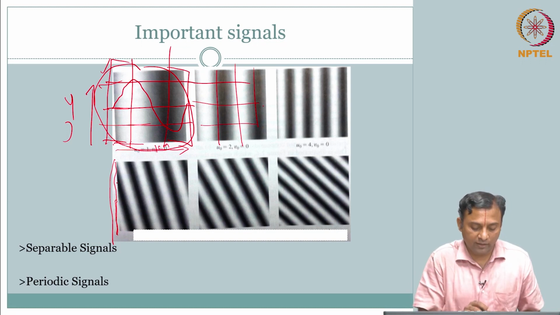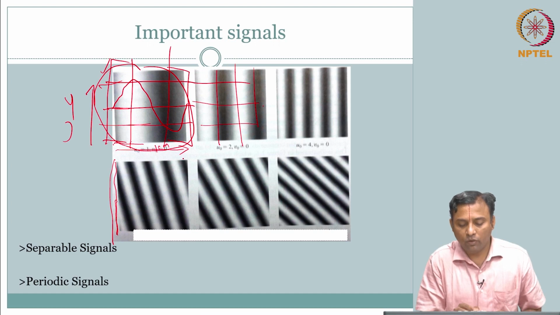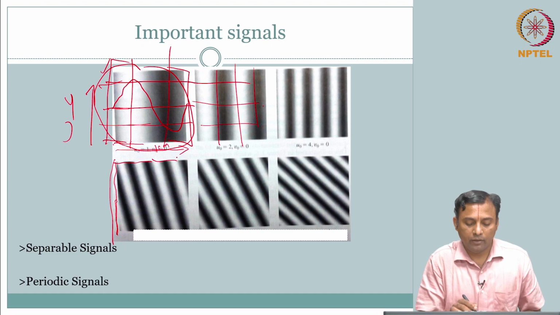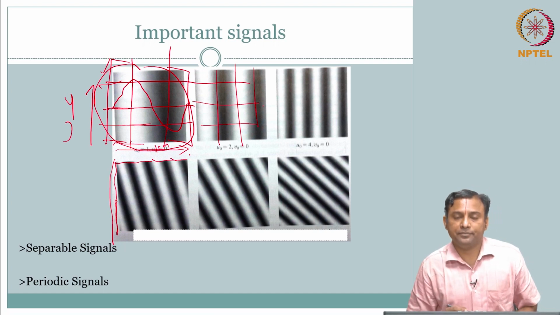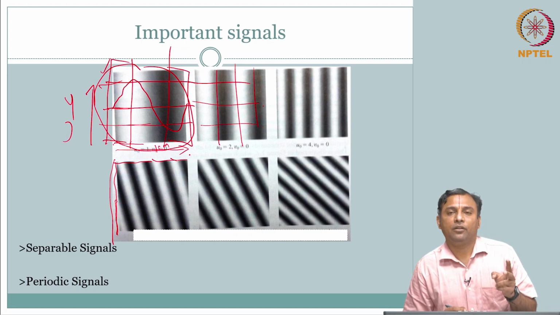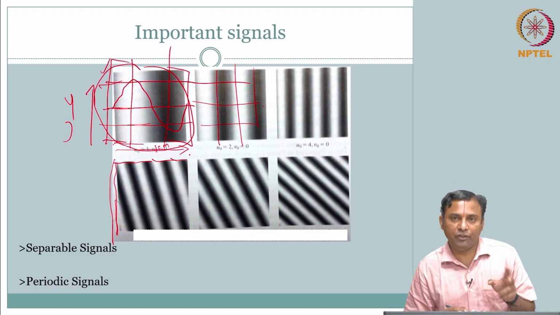So, your V naught is 1. If I take my x direction, I see 1, 2, 3, 4. I see 4 cycles. So, that means this has oscillations in both directions, u naught and v naught both non-zero.